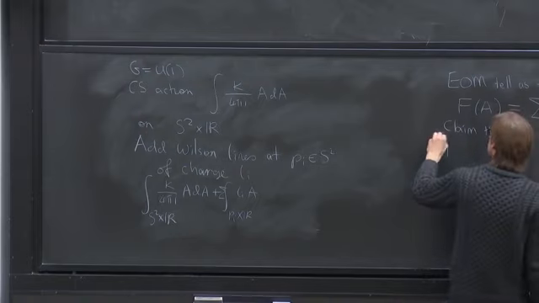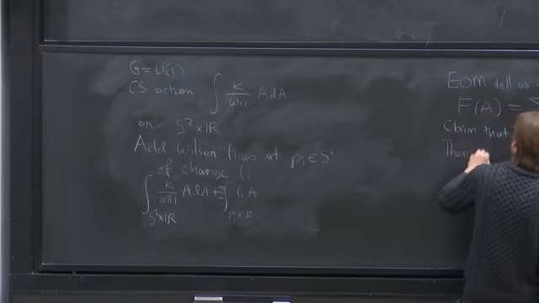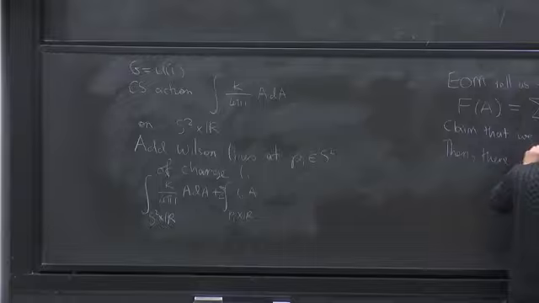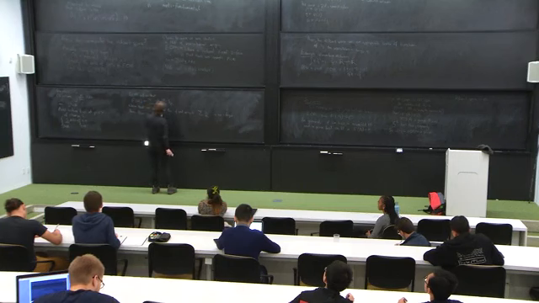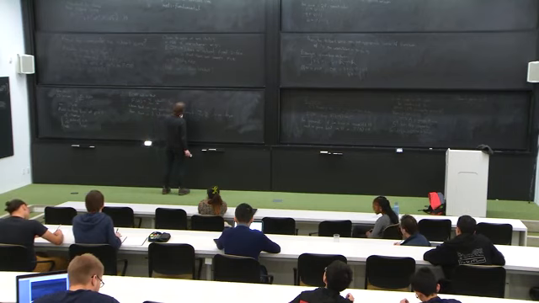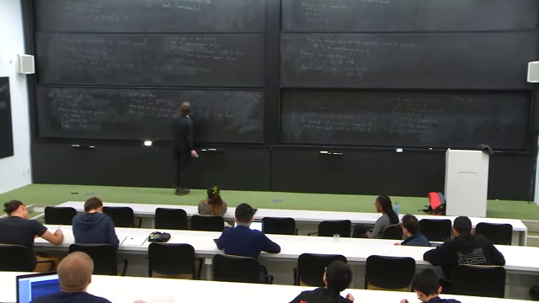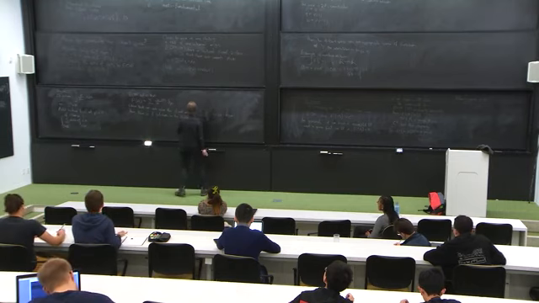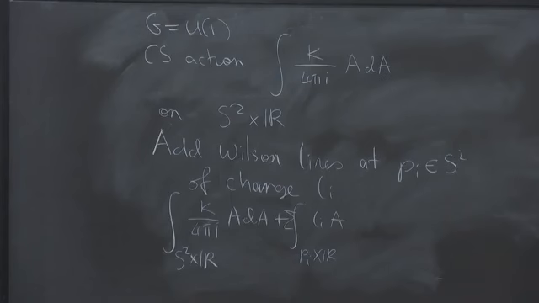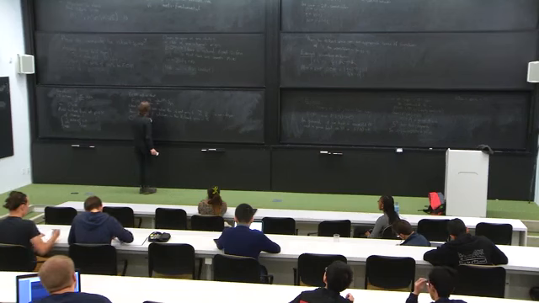And then there is one solution. So the Hilbert space is C. Otherwise, the Hilbert space is 0.